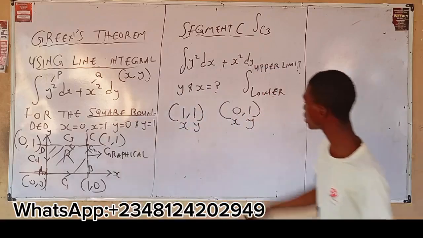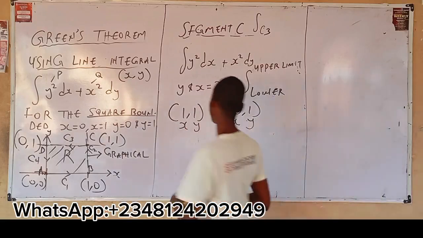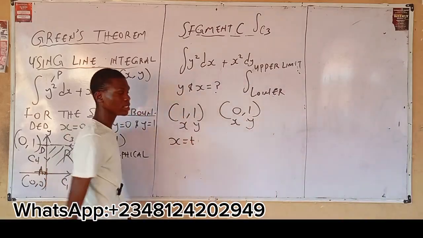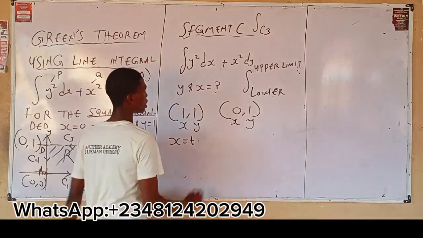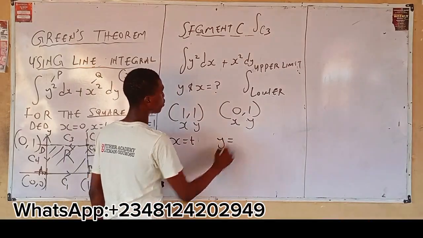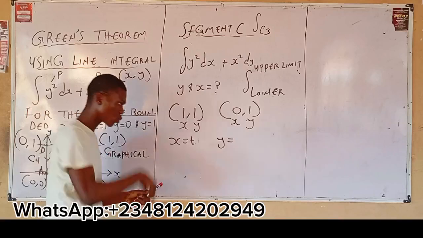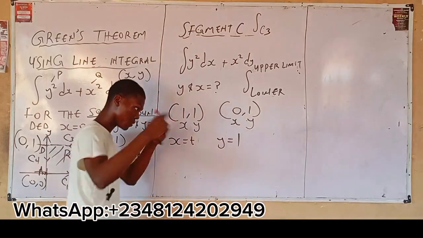From here, which one is changing? x is changing from 1 to 0, meaning x takes what? It takes t. Why is it t? It is taking t because it changes. Now, from here, y in this case is fixed with the value of 1, meaning the function of y is still 1, which is the value that y is fixed with.